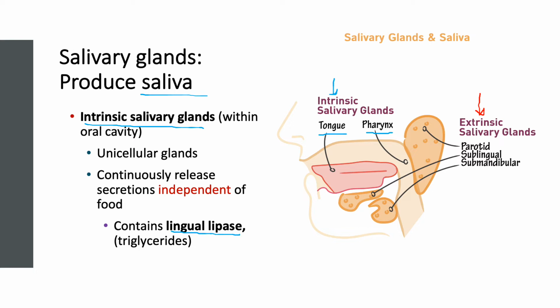Lingual meaning, well, tongue, lipase, we know that's going to break down a fat. And specifically here, we're going to break down triglycerides, or at least begin the digestion of triglycerides. And I should also point out here that compared to the extrinsic salivary glands, we're only talking about a small amount of saliva that's produced by these intrinsic salivary glands, or these unicellular glands.